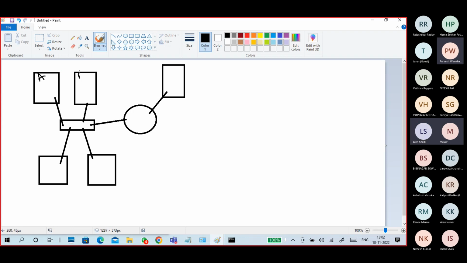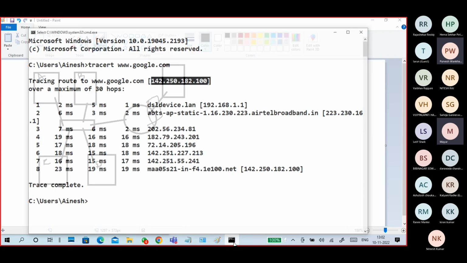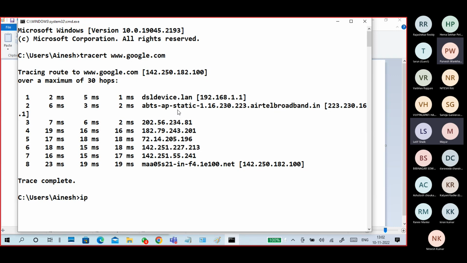I have PCs, not servers now. So in my home or office, I have connectivity. Of course, there is a modem in between also. Guys, if you check, all your IP addresses are private IP addresses only.